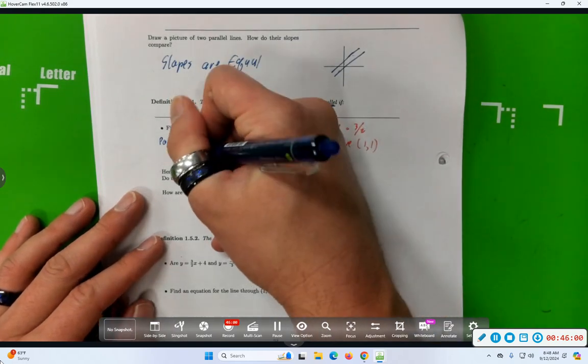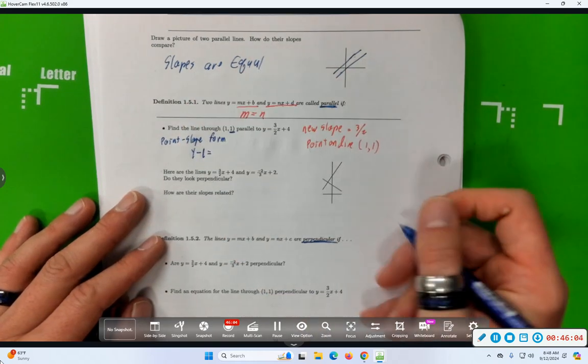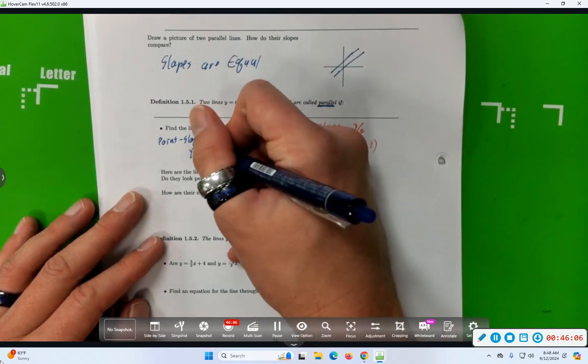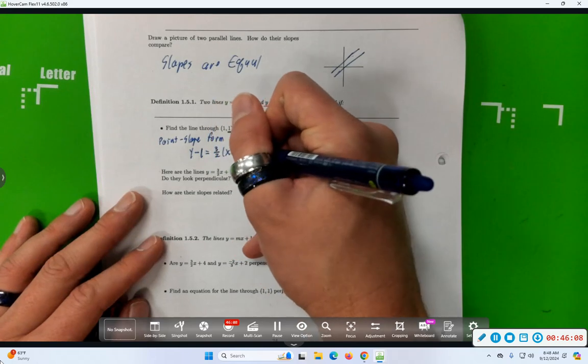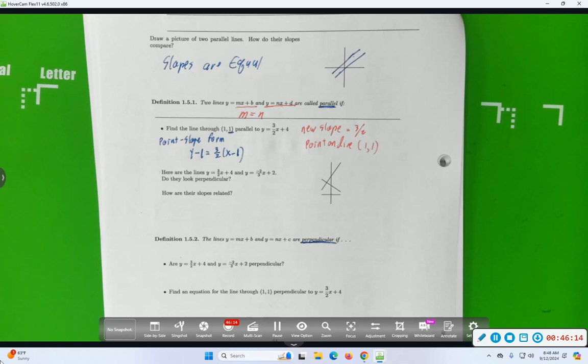It'll be y minus the y-coordinate is equal to the slope times x minus the x-coordinate of the point. Does that satisfy the prompt? Is it an equation for the line? Yeah. If the problem asks for slope-intercept form, maybe you'd have to do some more work, but it doesn't.